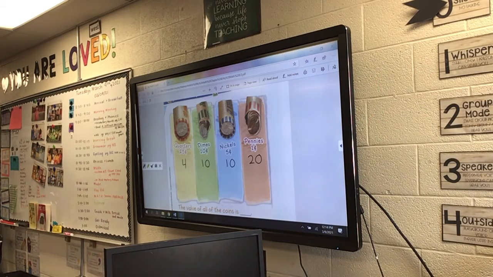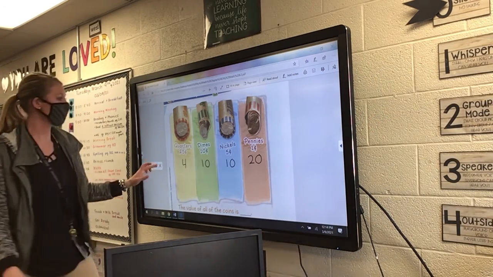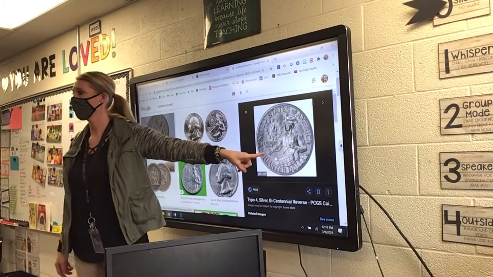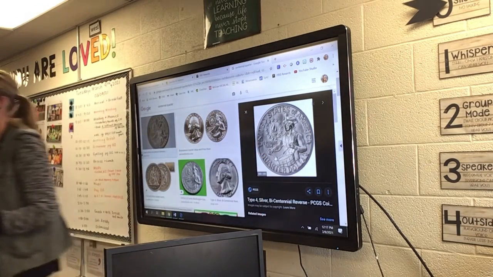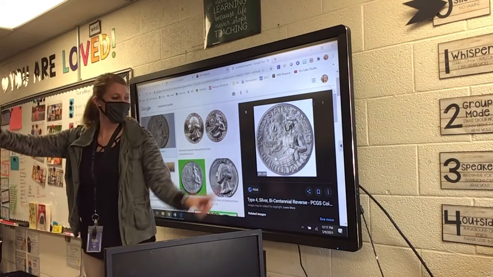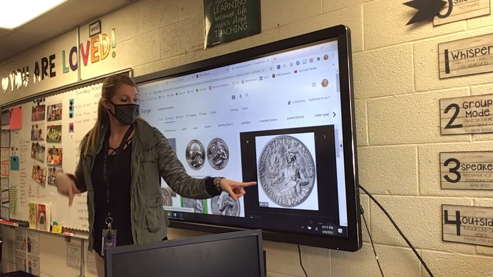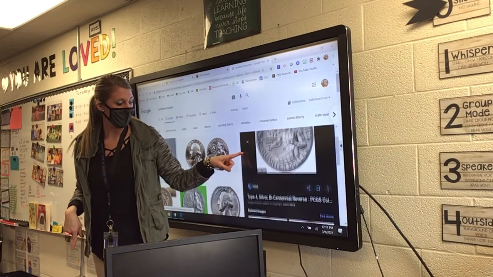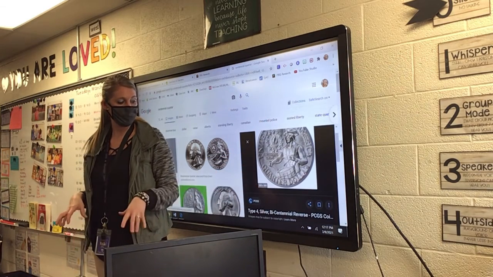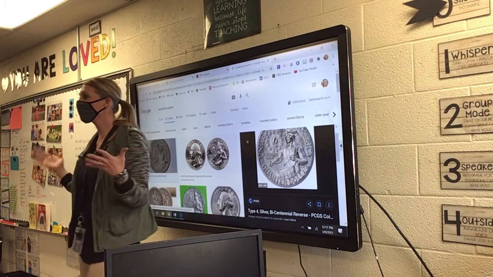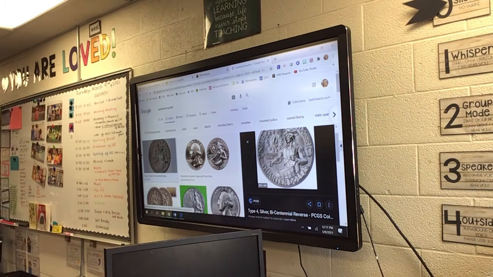So Raylan, is this the one that you found right here? No, that's not the one. I have that one. Okay, so this is the one I thought Raylan was talking about, but this is the one that these 3 kids have. They call it a silver bicentennial quarter. So it kind of represents our country and their birthday. Okay, so it's kind of like a memory of our country and their birthday and our freedom.